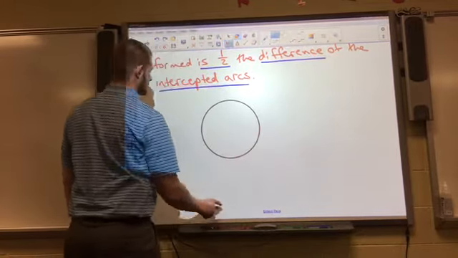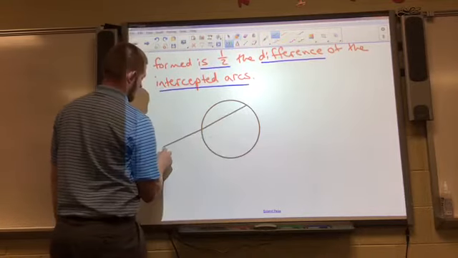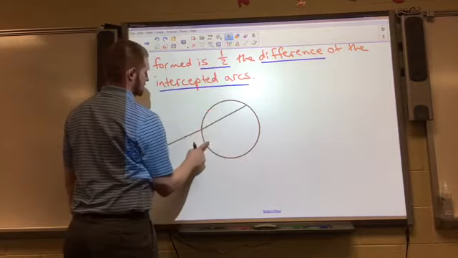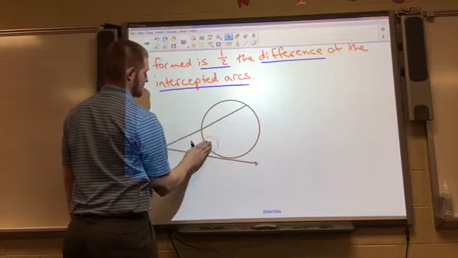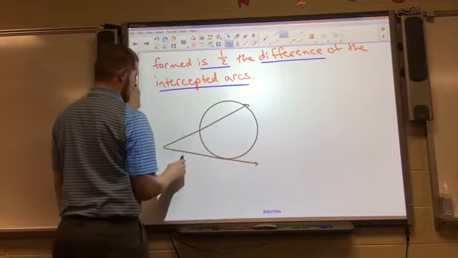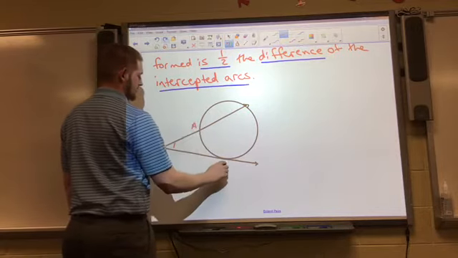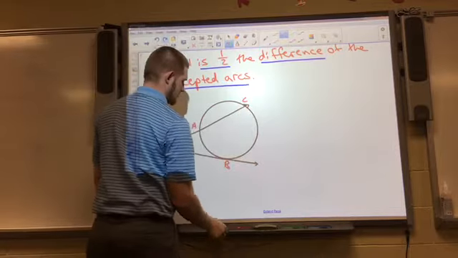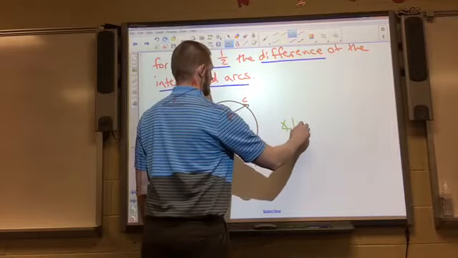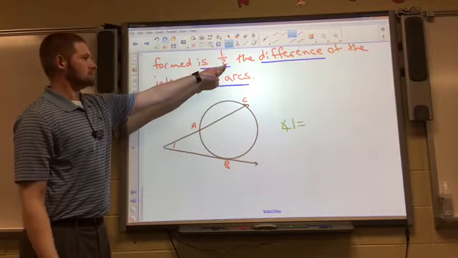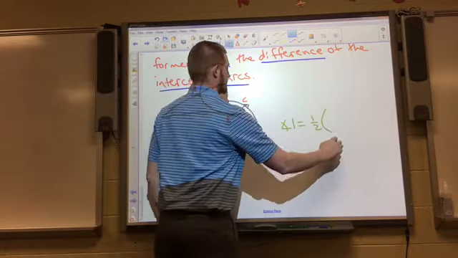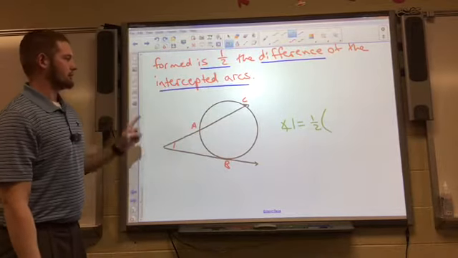The first one would be a tangent and a secant. Okay, so angle 1's here. I have A, B, and C. Angle 1 is 1/2 the difference, so I know I'm subtracting, of my arcs.